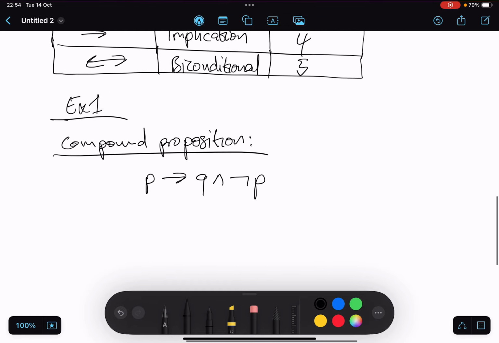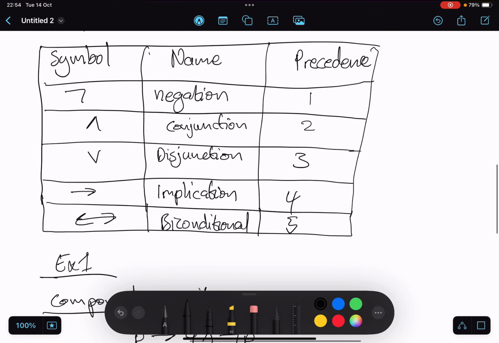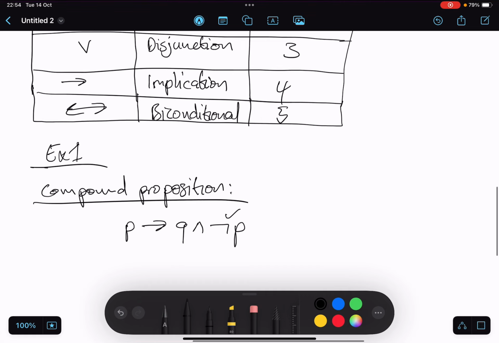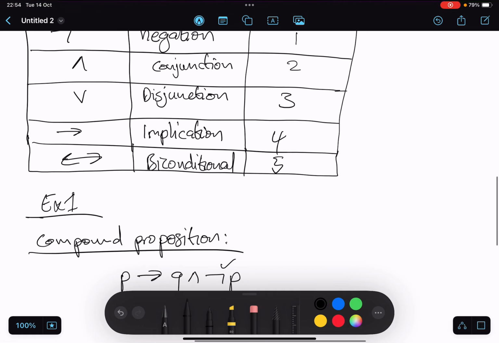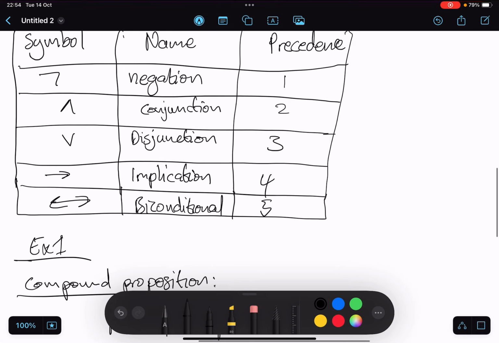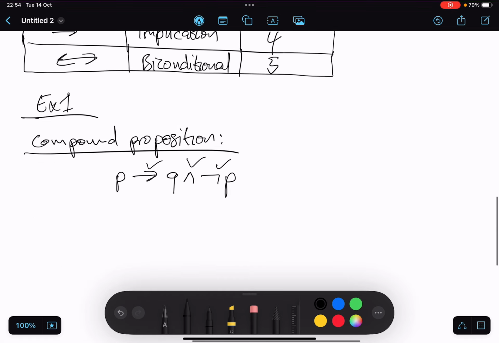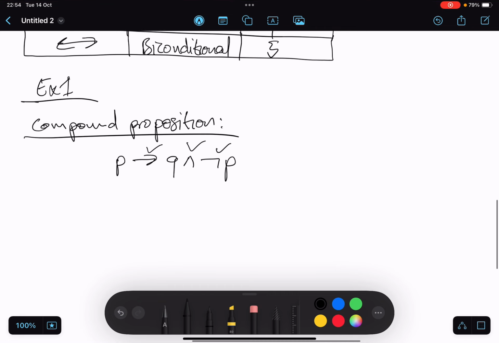We can see that we have the negation, the conjunction, and also the implication. So which operator do we start with first? From the precedency table, we start with the negation.